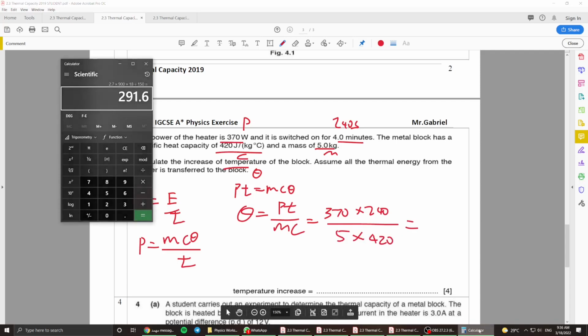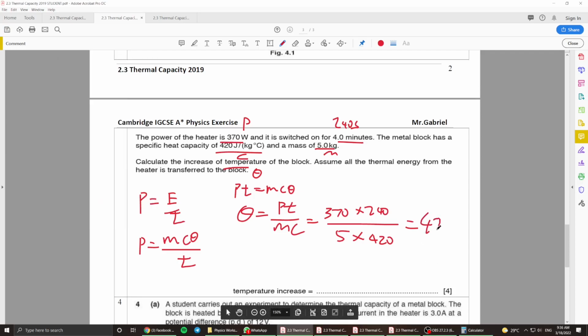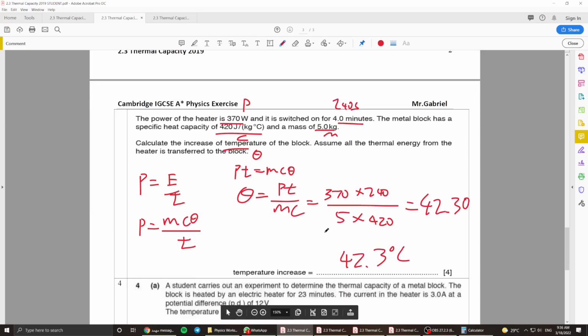Press everything into the calculator. 370 multiplied by 240 divided by 5 divided by 420. It will be exactly 42.3 degrees Celsius. 42.3 degrees Celsius here. Alright.